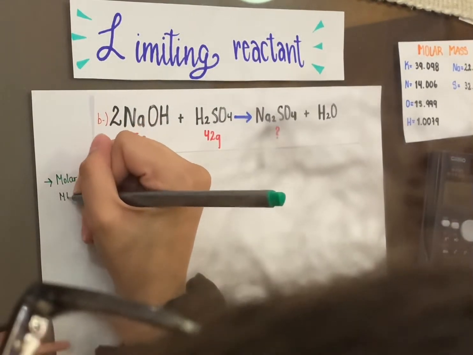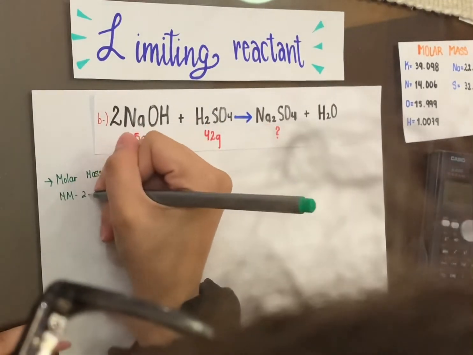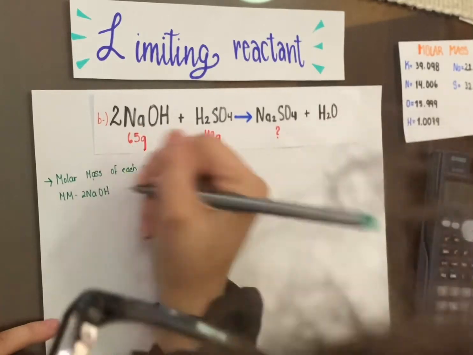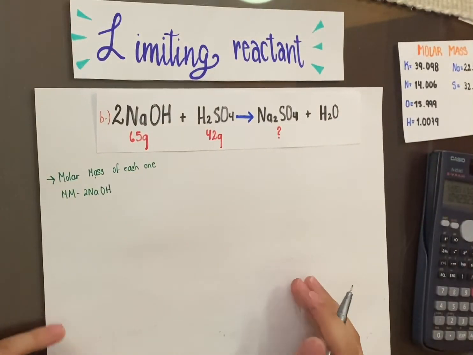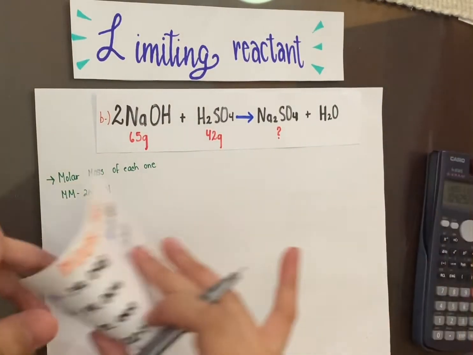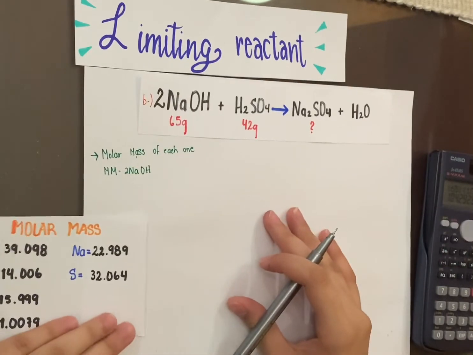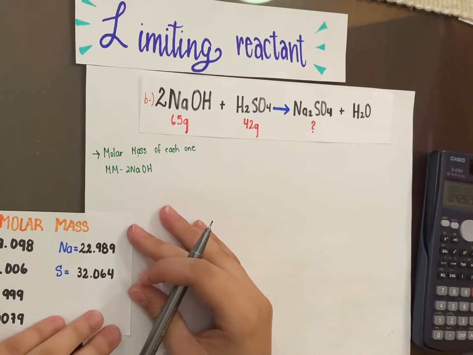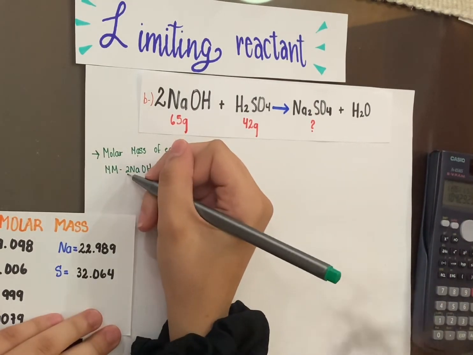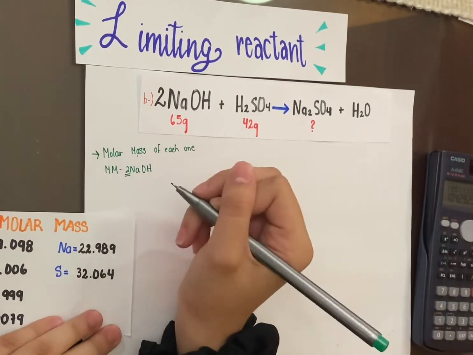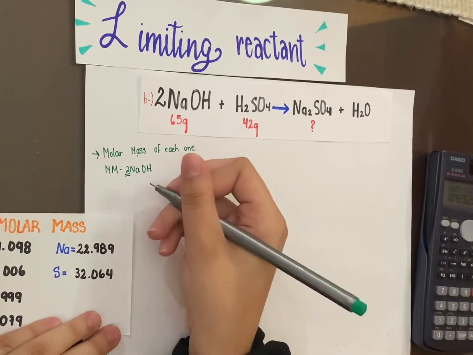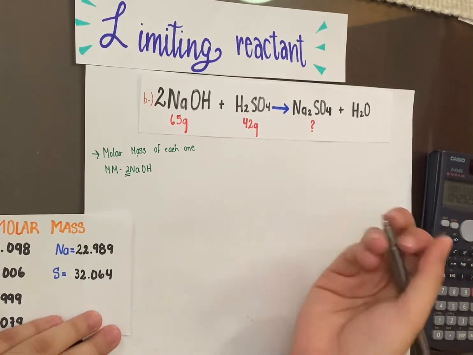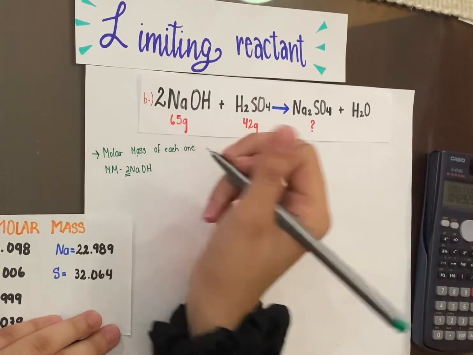That is the molar mass of sodium hydroxide. This is my coefficient, but not my subscript. So this I won't use until then, so this won't affect the whole equation.